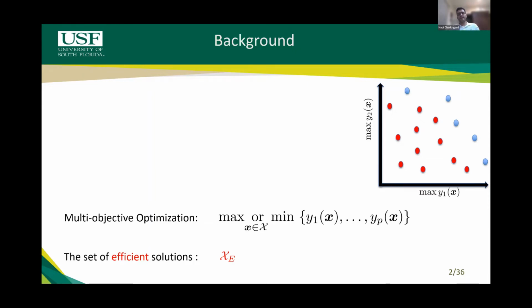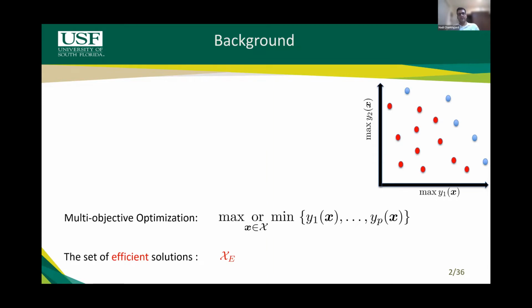As you can see, there are some points highlighted in blue. These are the images of efficient solutions in the criterion space, so these are the points that we are actually interested in. The red points are dominated. They are not representing any efficient solution.